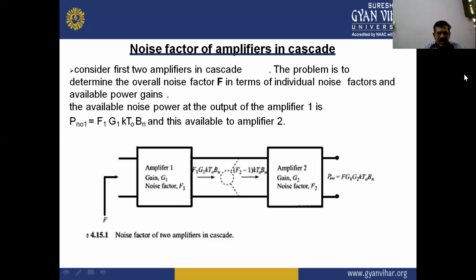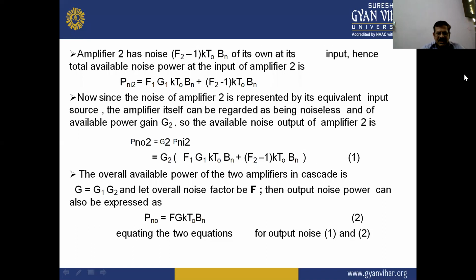So this is the diagram of the noise factor of two amplifiers connected in cascade. Amplifier 2 has the noise factor F2, so it contributes (F2 minus 1) k T0 Bn.